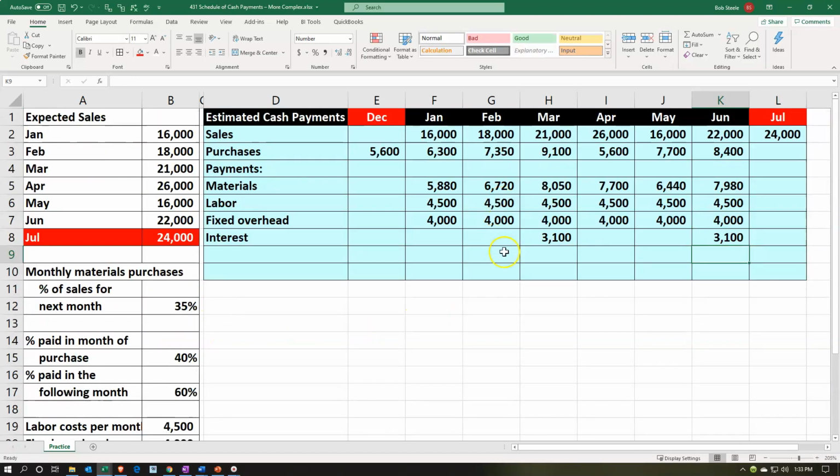Now again, remember that under an accrual basis on the income statement, you would expect to see probably the 3,100 divided by 3 as an expense in January, February, and March, because we're using the purchasing power of the loan for those 3 months, even though we're not actually paying for it until the 3rd month. So it would be like us renting an office space that we only pay for once a year.